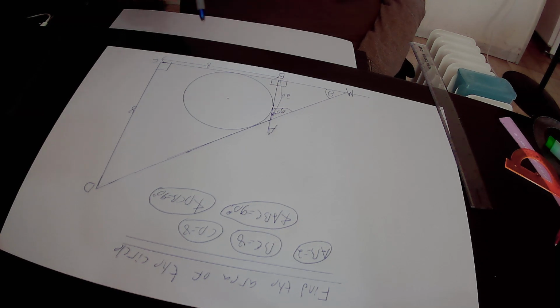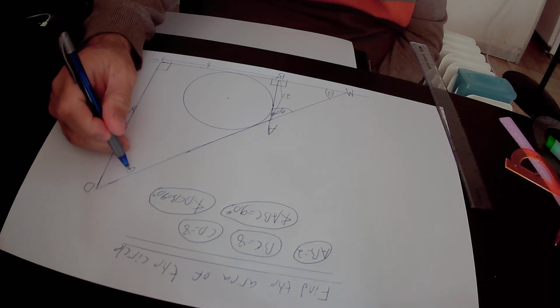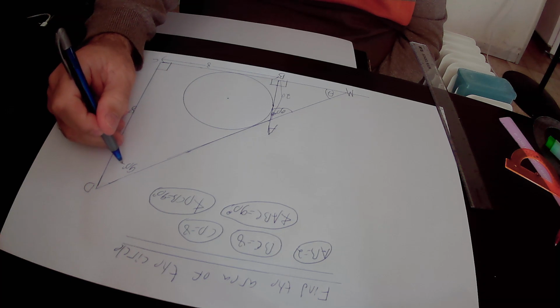Likewise, in the big triangle MDC, this angle equals theta, this angle equals 90 degrees, therefore the missing angle here must be equal to 90 degrees minus theta.